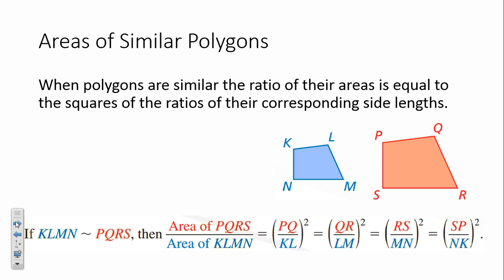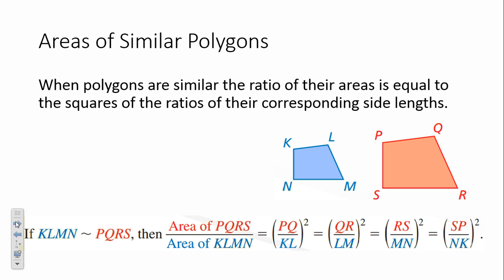Here's our last example. This we just talked about, so if it makes sense, you don't have to write it down. But the next example I would. We're not just dealing with triangles. We can use rectangles. We can also use other quadrilaterals.